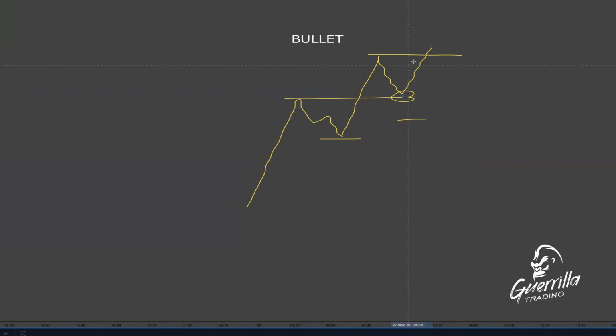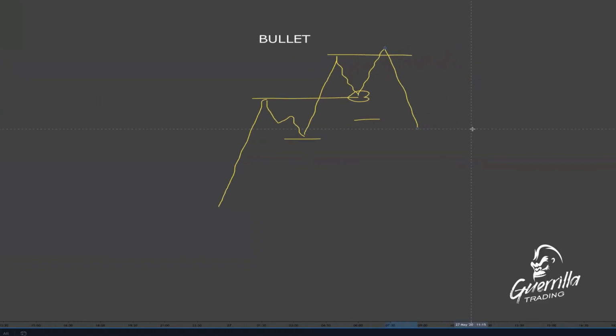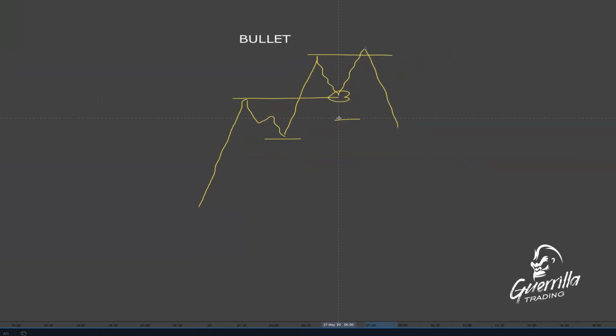Because sometimes when we break a high, we don't know that it's going to continue, and sometimes we break the high and then drop almost instantly. If that happens, it allows us, even in a corrective market, to reduce our risk significantly.